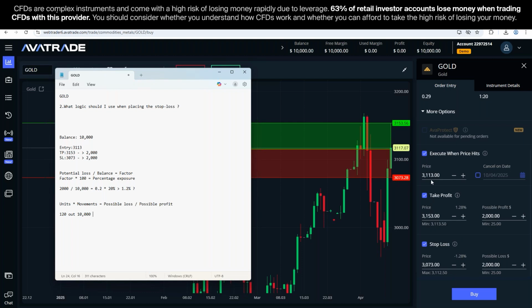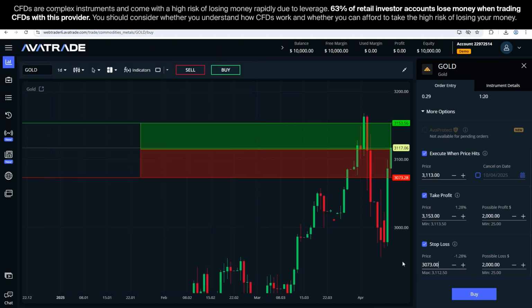That means that now I need the stop loss to be only $3 away from the entry. So that means it needs to be that. Okay, maybe a bit less than that. Oh, sorry, the other way around. Okay.